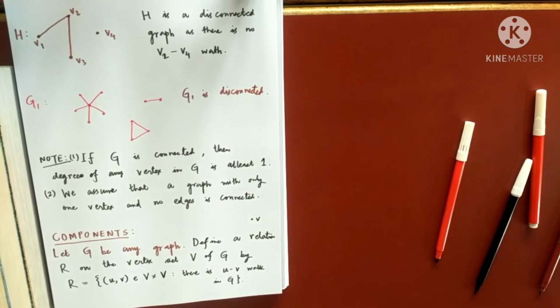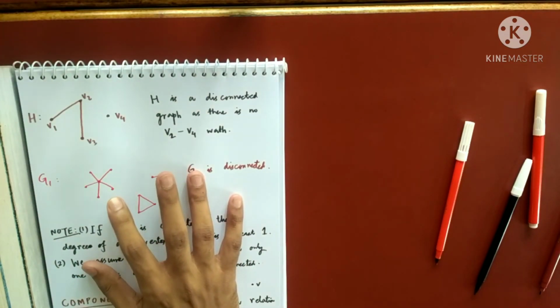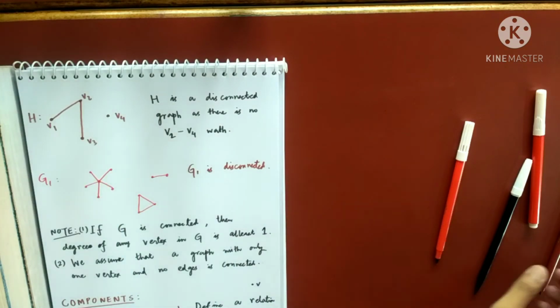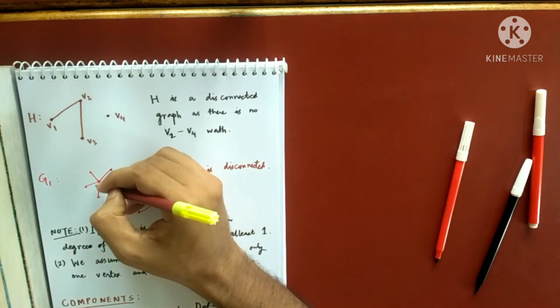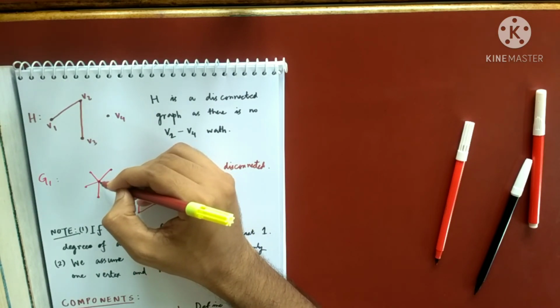No, sir. So I will give you a home task, but before that, just a minute. Let's see this example. This vertex is related to this vertex, right? This vertex is related to this vertex because I can find a walk from this vertex to this vertex.